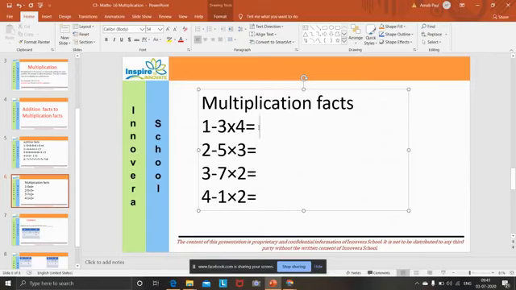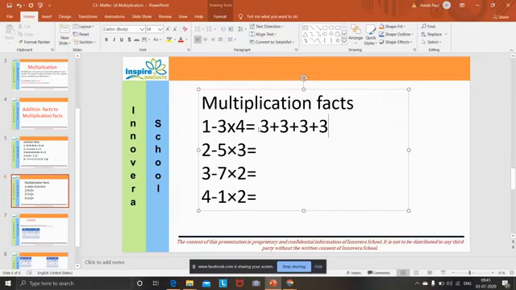3 multiplied by 4, that is 3 plus 3, 3 plus 3. That means we will write this 3 how many times?